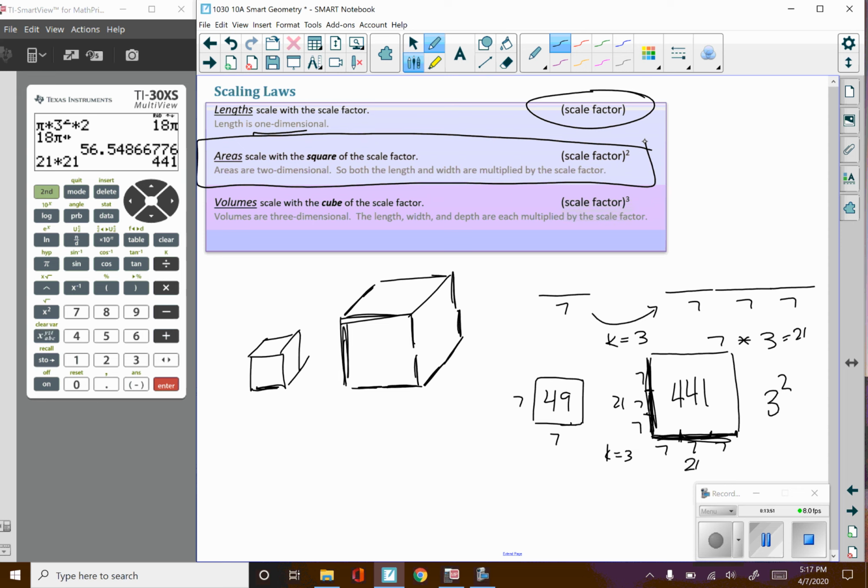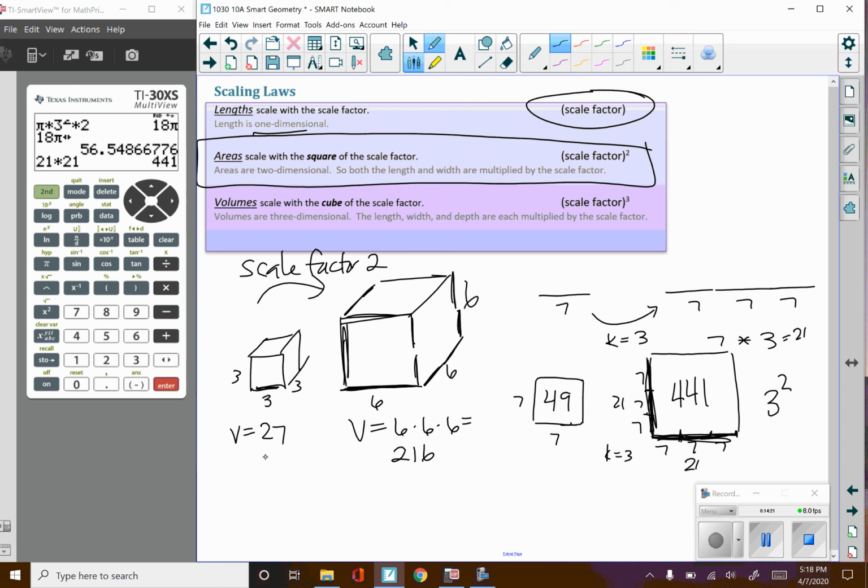And you could extend that idea to volumes as well. For example, if this cube had a side length of 3, its volume would be 27. Well, if I double it, it's now 6 times 6 times 6. I doubled it, so scale factor 2. 6 times 6 times 6 is 216.